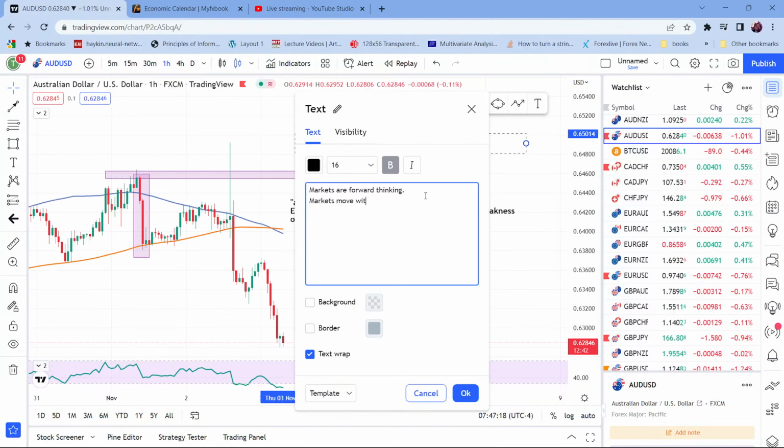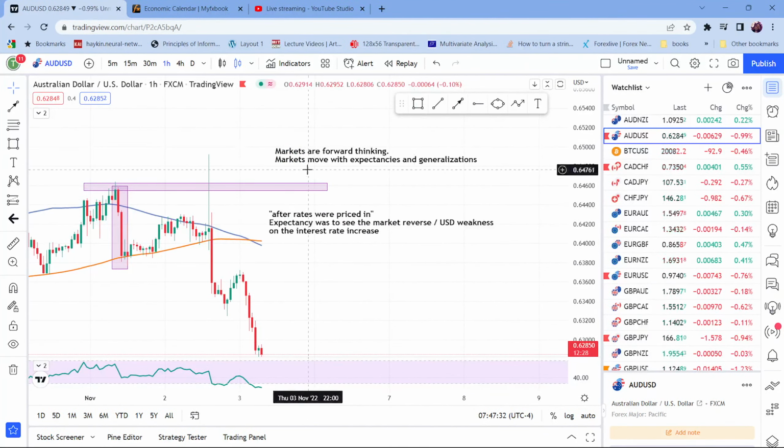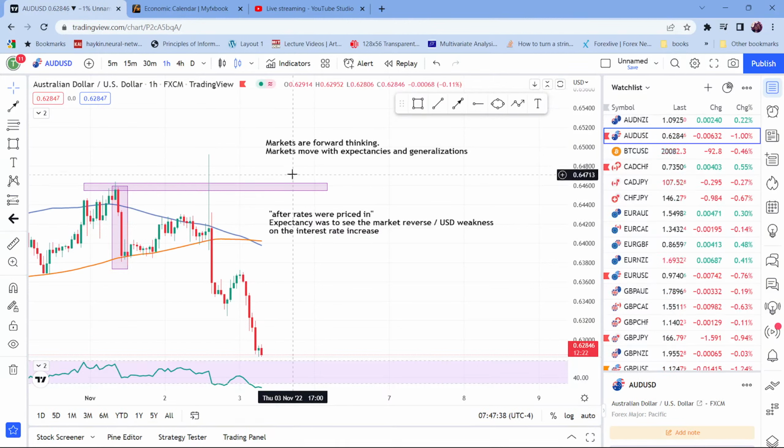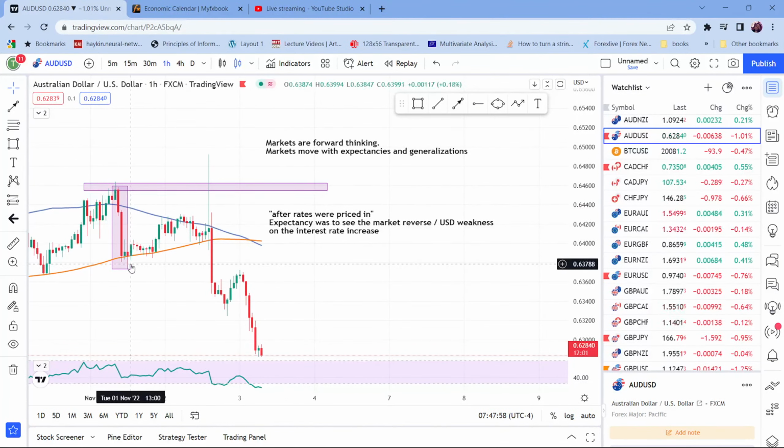Markets move with expectancies and generalizations, so it moves before the actual movement, or before the actual catalyst needed for that move. If we think something is going to happen and we have a high likelihood of it happening, then we're probably going to see that translated into the market beforehand. We're probably going to see that early on, and that is what this expected move was.